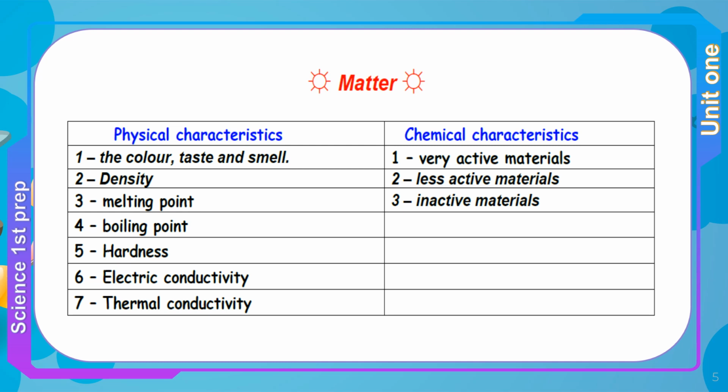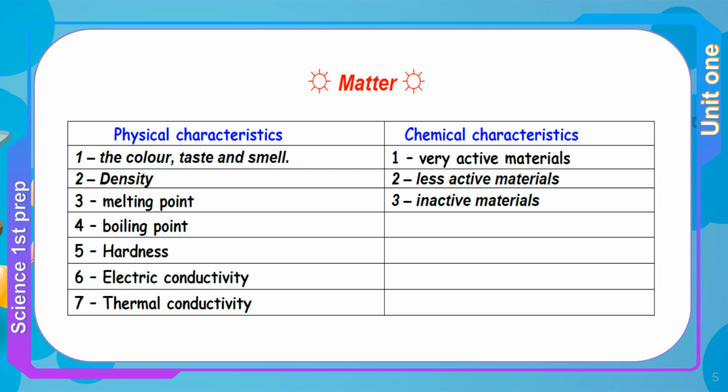Matter, we can distinguish into physical characteristics and chemical characteristics. Physical characteristics, I have 7 physical characteristics. Number 1, the color, taste, and the smell. We will learn how we differentiate between different matters with color, taste, and smell.